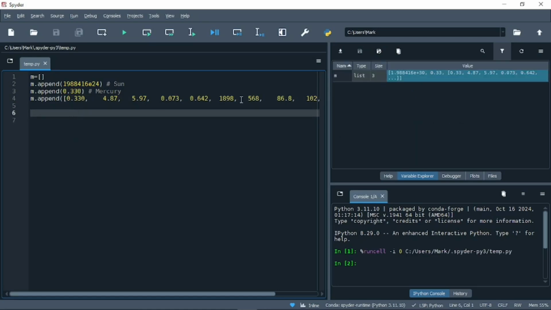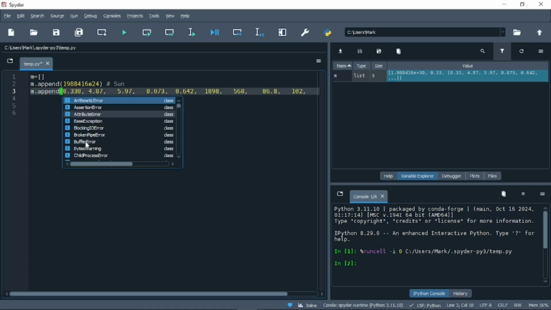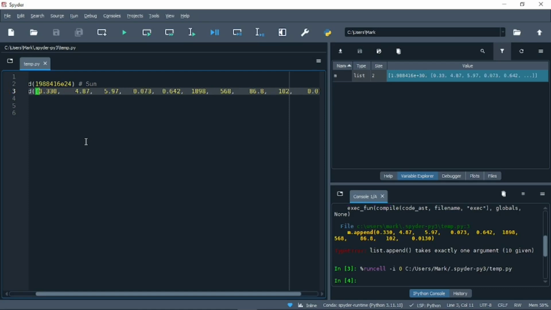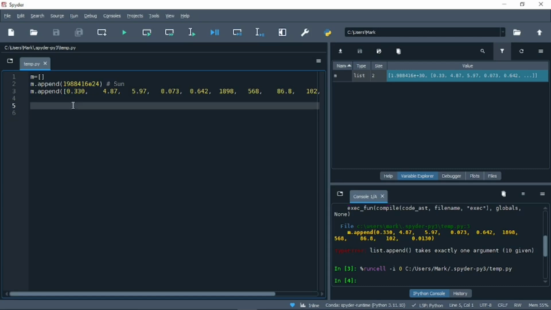Let's check if this works. Maybe it works in this way. No. I have some problems with Python. I'm more used to programming in C++. Let's try this way.